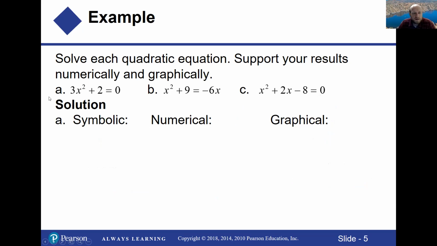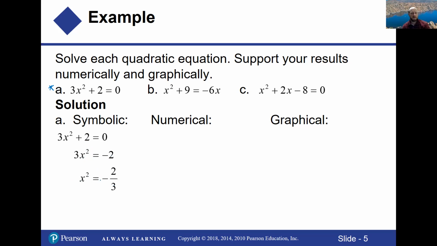Our first quadratic here is 3x squared plus 2 equals 0. And we want to know how we would symbolically solve that. What you would do here is solve for x squared and then solve for x. In this equation, we subtract 2 from both sides, so we get 3x squared equals negative 2, and then divide both sides by 3.